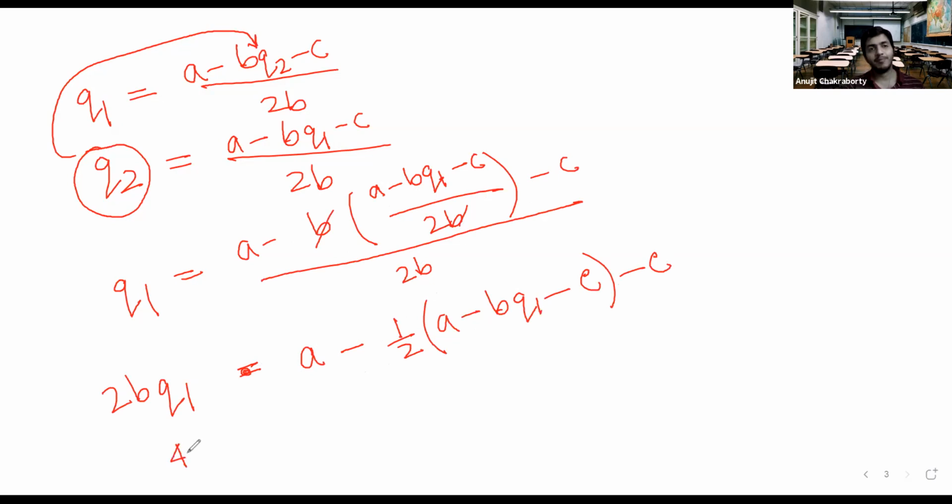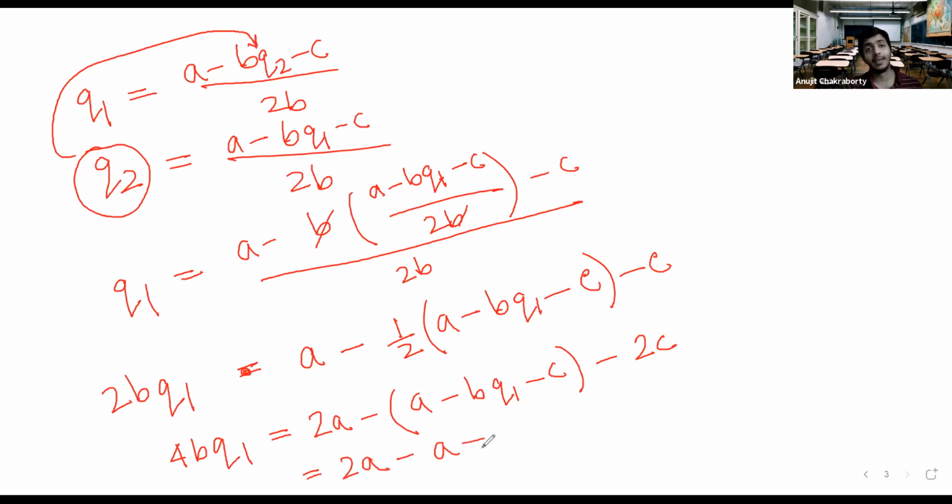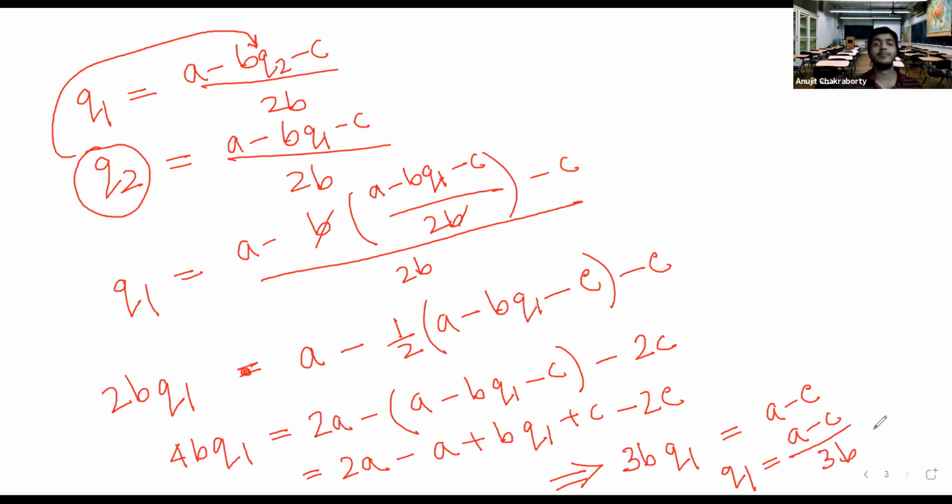That becomes 4BQ1 is equal to twice A minus (A minus BQ1 minus C), minus twice C. The right hand side becomes twice A minus A plus BQ1 plus C minus twice C. You can simplify this and you're going to get 3BQ1 equal to A minus C. And then you would get Q1 is equal to (A minus C) over thrice B.